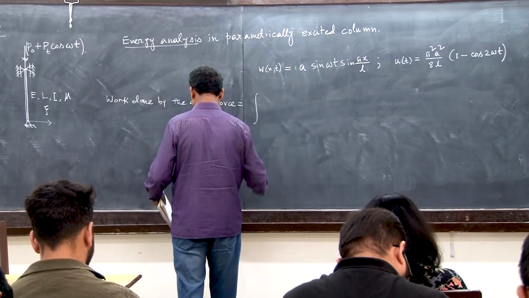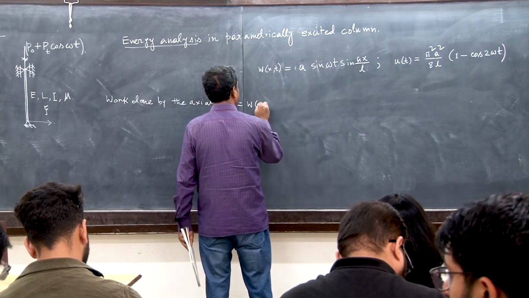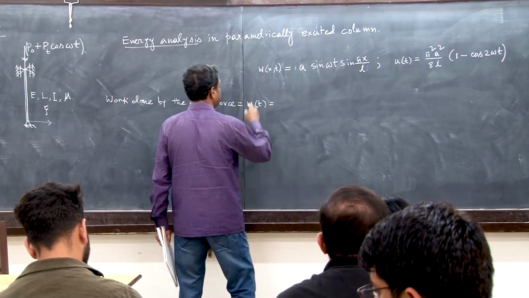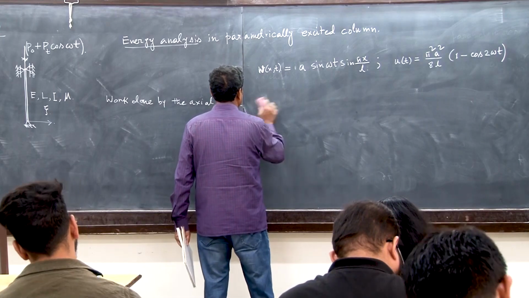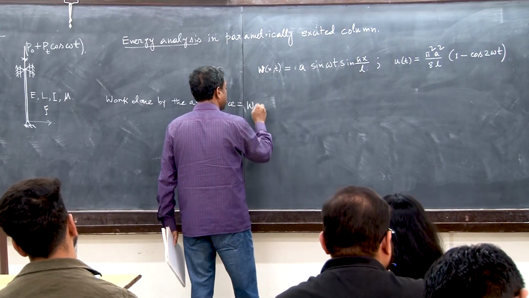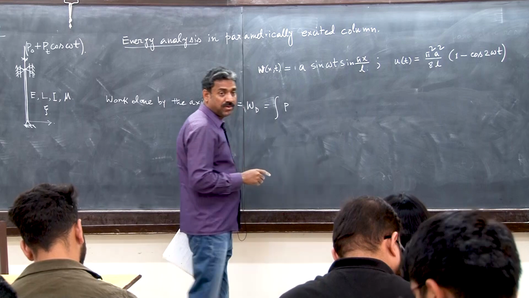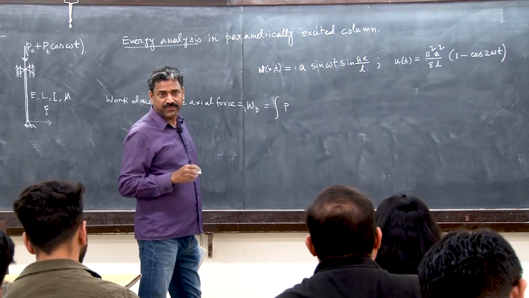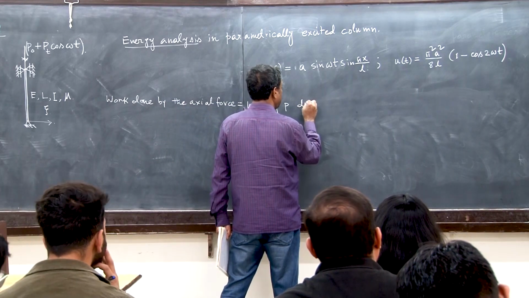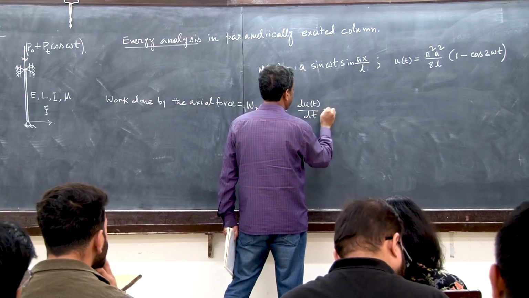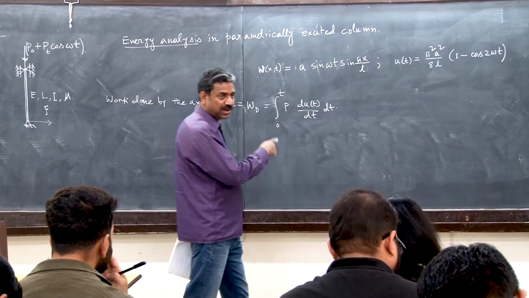We integrate it; of course, work done W as a function of t. Here this is small w, you can take it as capital W, or maybe work done D. It will be the integration of P times the power, which is force into velocity, right? Velocity means du(t) by dt, right? And then you integrate the power, then you will get the total energy input.